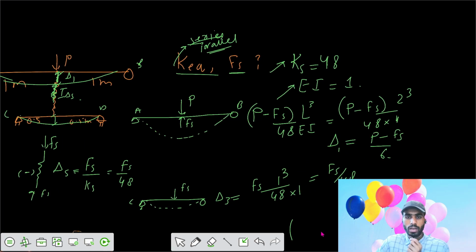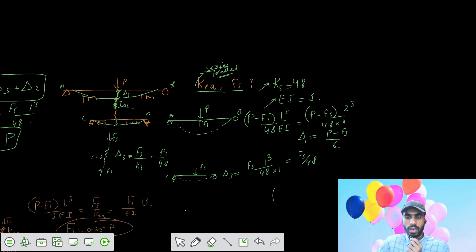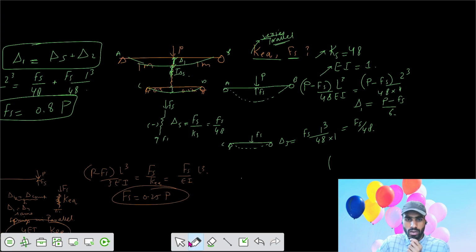So for k equivalent, we can see whether the bars are in series or in parallel. When we made the free body diagram, we said the net force in the bar AB is P minus Fs. Then in the spring there was a net force of Fs, and the same force was transferred to the beam CD.